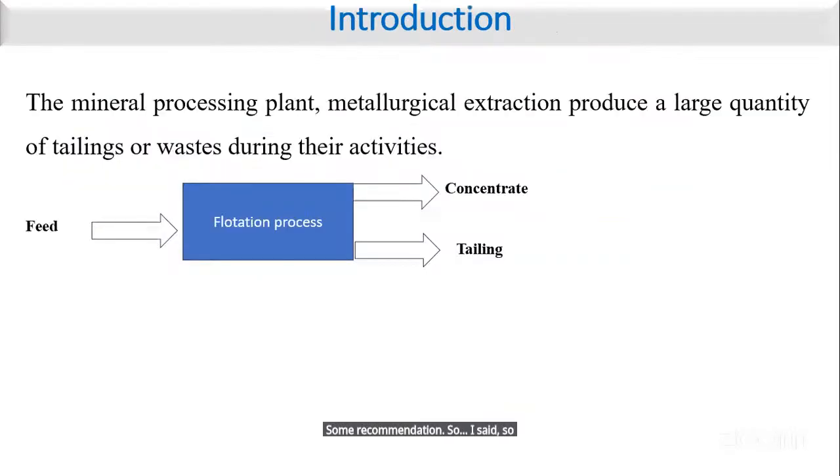From the introduction, mining and mineral processing produce large quantities of tailings.